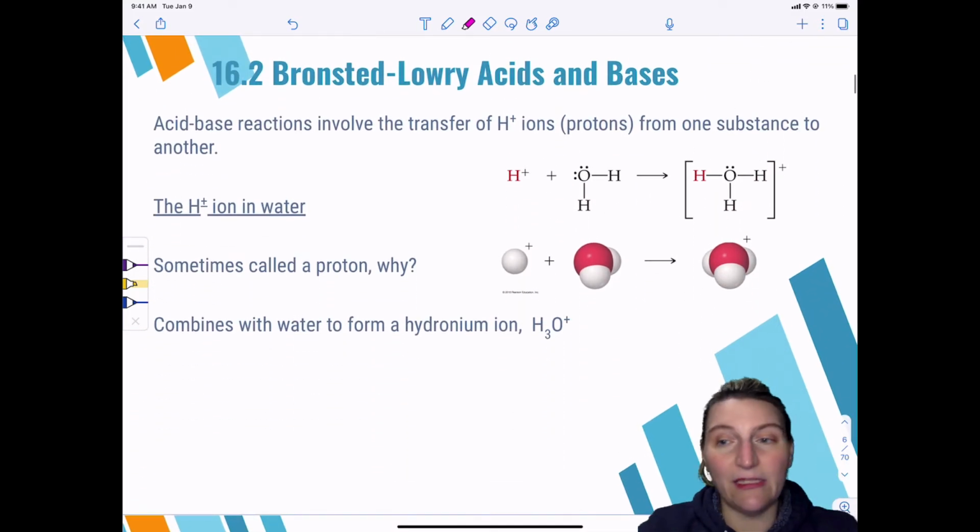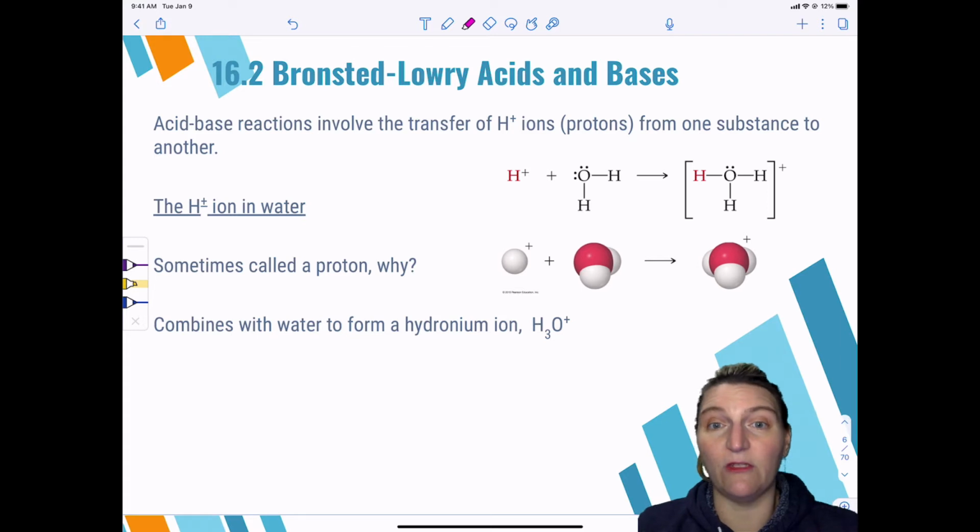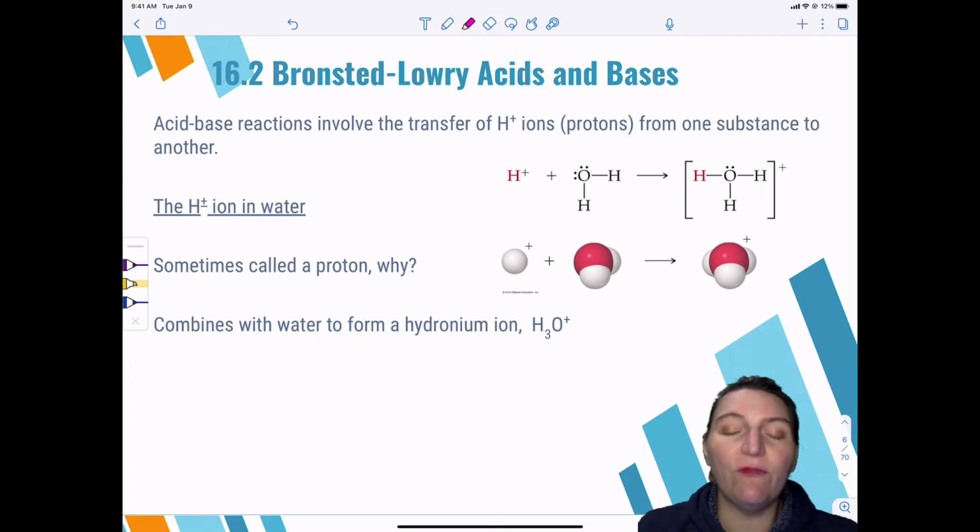And then the second section of this chapter talks about the second definition of acids and bases, which is Bronsted-Lowry acids and bases. So we have redefined our definition of acids and bases for a few reasons. The first one is that there were many compounds that were considered bases.